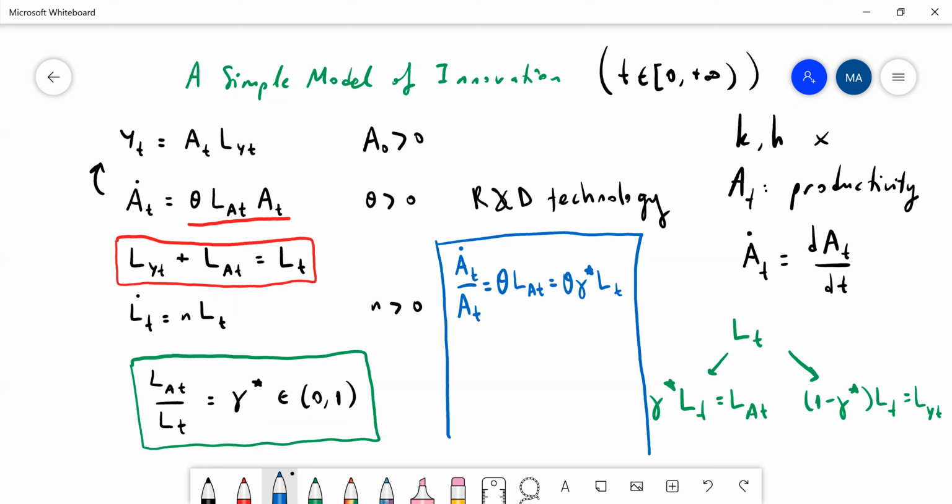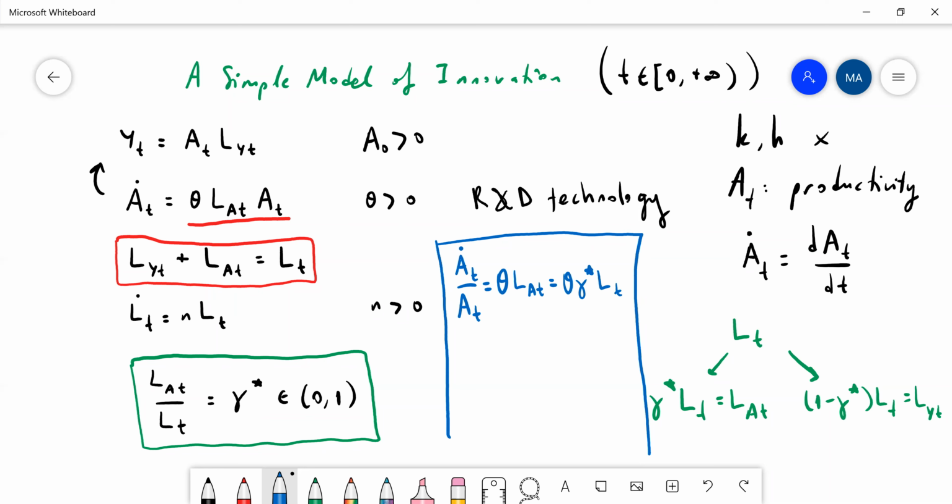Okay, so to summarize what we learned here, the growth rate will be a function of gamma, and this is the growth rate of, so GDP per worker will be given in this way: A times 1 minus gamma star.